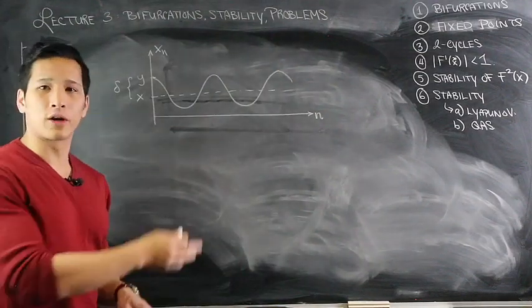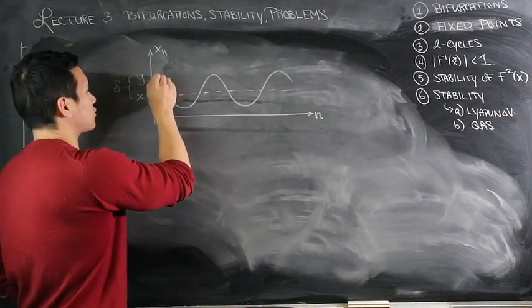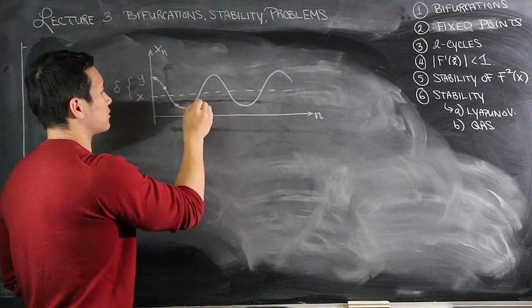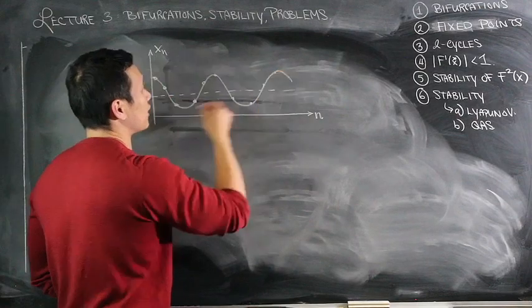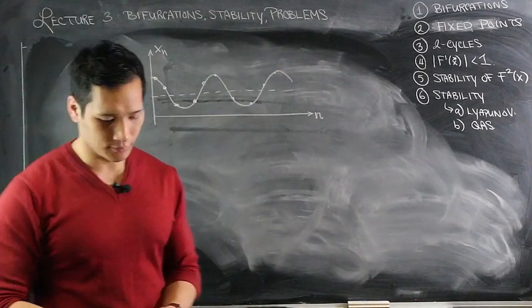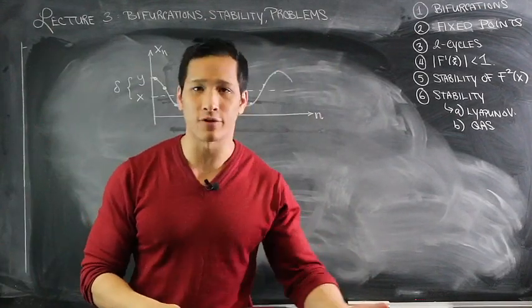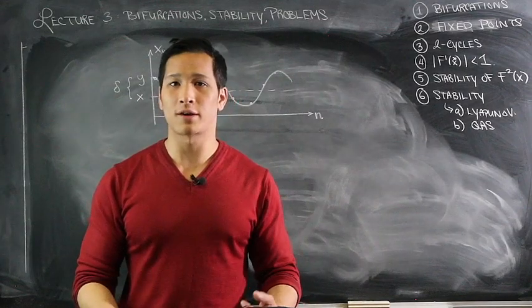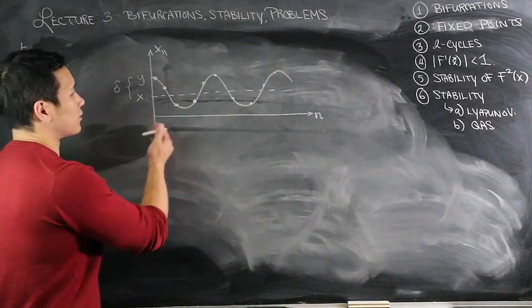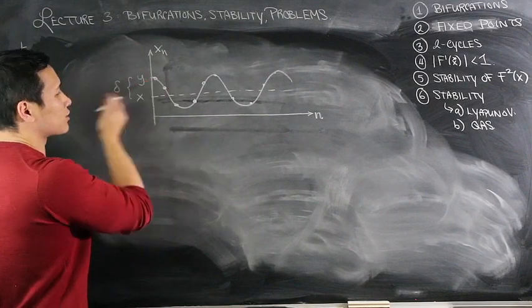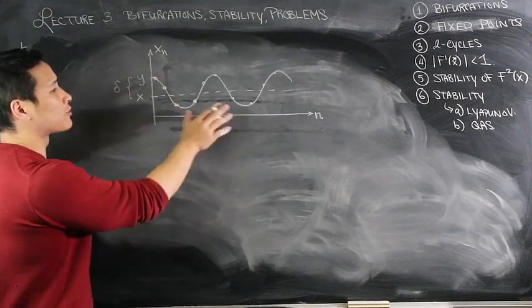I've drawn it with a curve here, but in actuality, you'll have points at discrete values of n, but it's just easier for us to draw a curve. The notion of stability you can define for continuous functions as well as for discrete functions. So in this case, if you start sufficiently close to x, you'll always remain close to x.